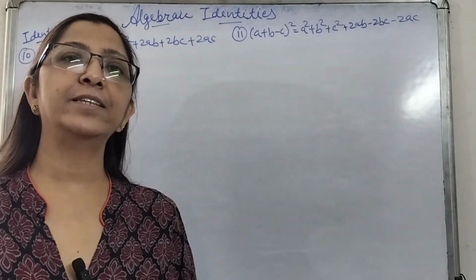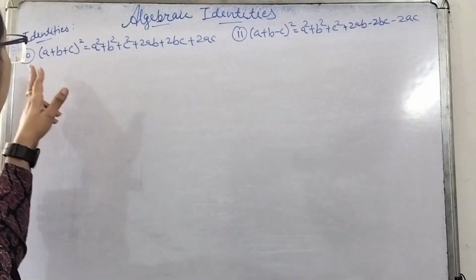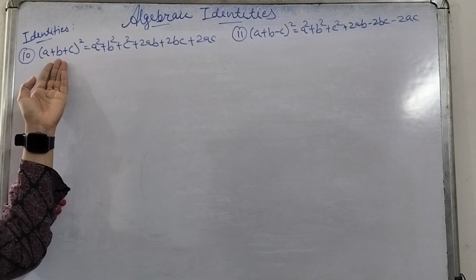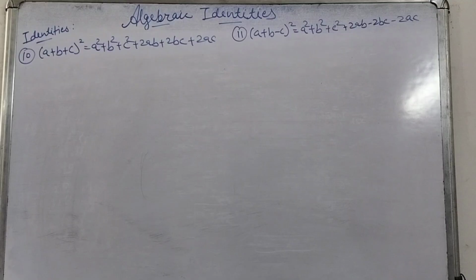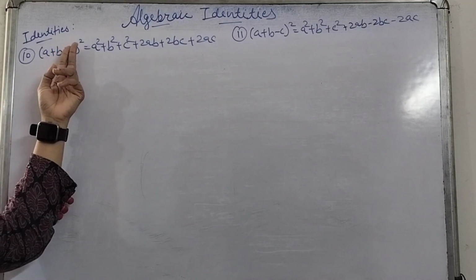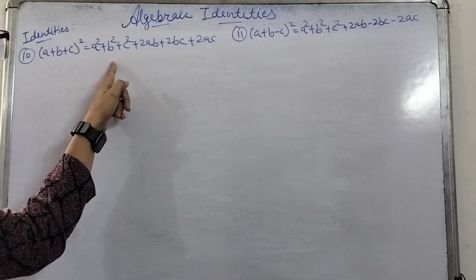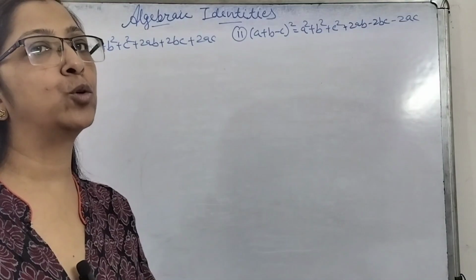Till now we have seen how to find the square of binomials. Now let's see how to find the squares of trinomials. That means if there are three terms, how we can find the square of these types of algebraic expressions. Now let's see, if it is a plus b plus c whole square, then the expansion of this will be a square plus b square plus c square plus 2ab plus 2bc plus 2ac.